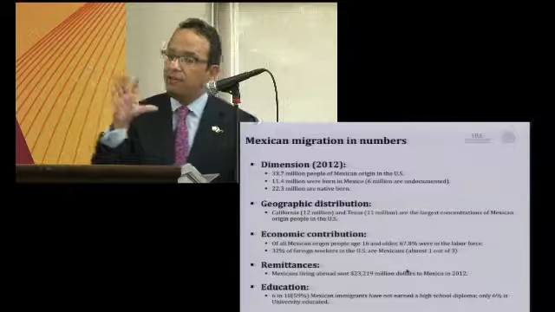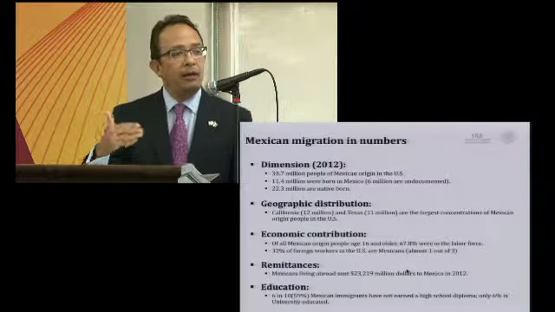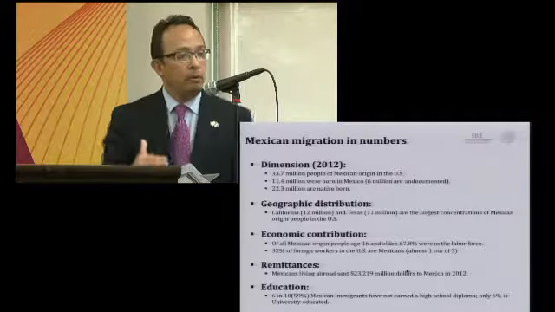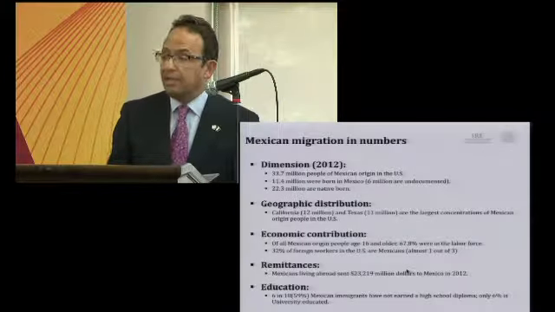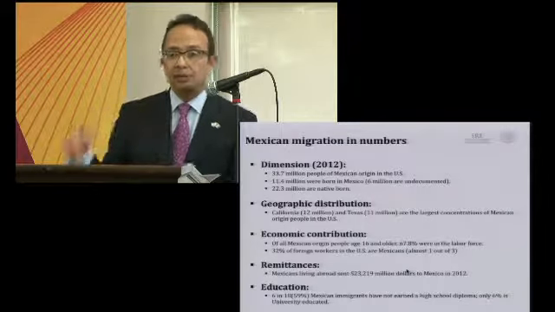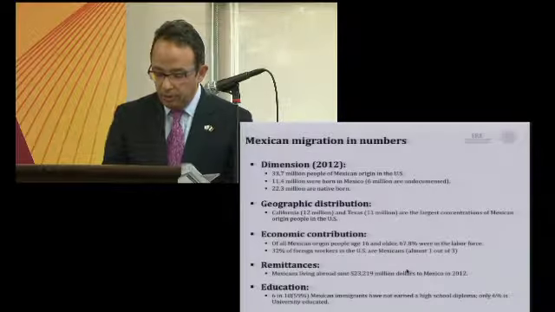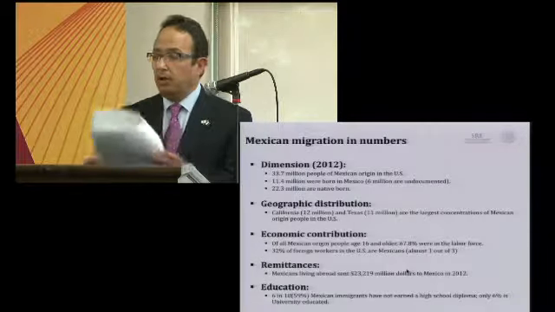They live in the margins of society because of the relatively low schooling levels. Only 6% of Mexicans born in Mexico who live in this country have earned a university degree. So those are the main characteristics of our diaspora that mark our work.